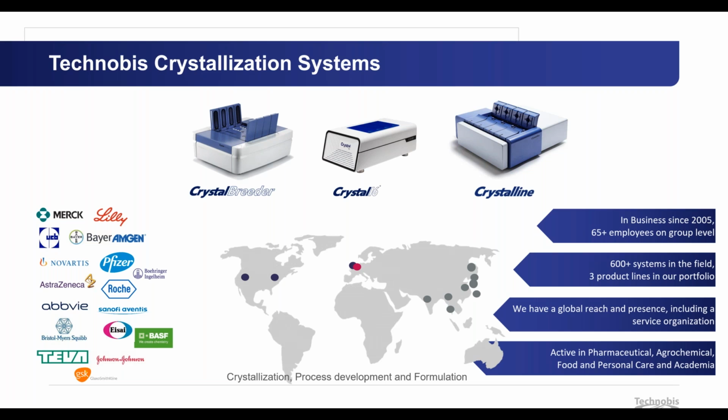Almost anything related to crystallization, process development, and formulation, we can help you with our systems. We have 3 products in our portfolio: the Crystal Breeder, Crystal16, and the Crystalline instrument. And as you can see, quite a few customers. We have a worldwide presence with more than 600 instruments already installed in the field.